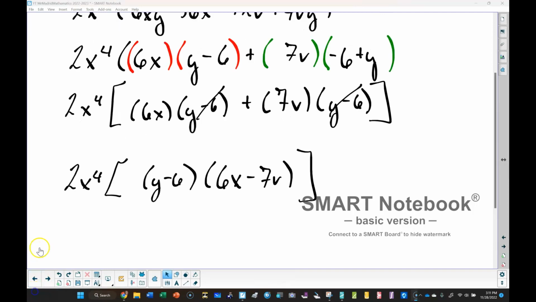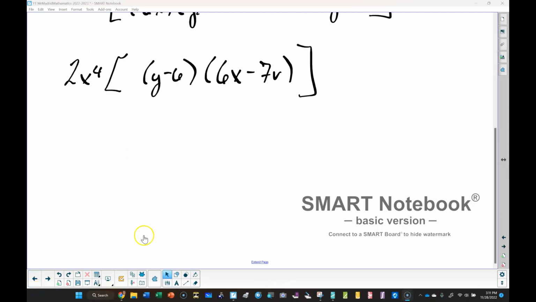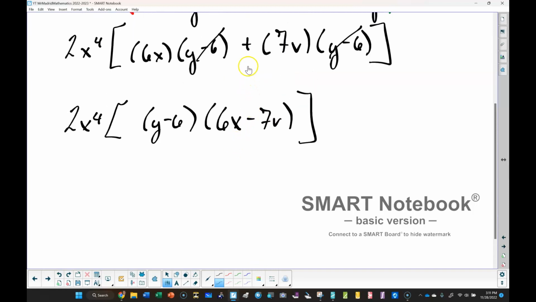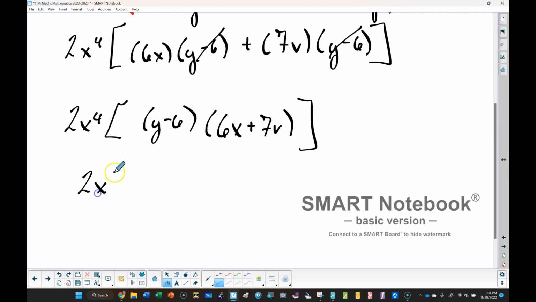Okay. Right. And before I remove them, I did quickly observe that it's 6x plus 7v, so that should be a plus here. Oops. Plus. So the final answer would be basically 2x to the 4th, y minus 6, 6x plus 7v.